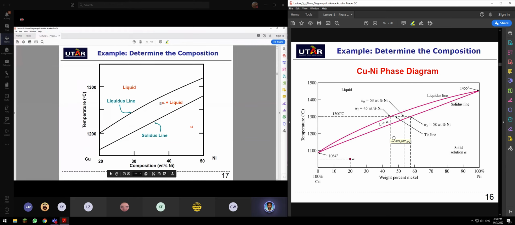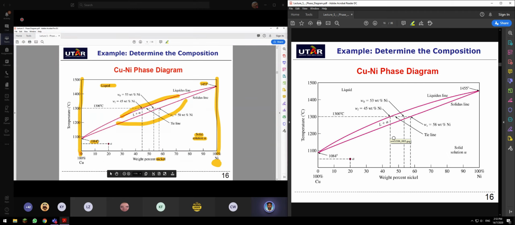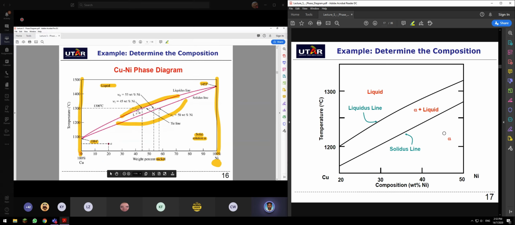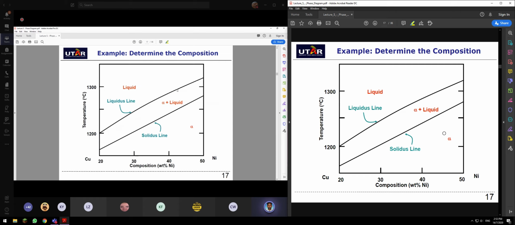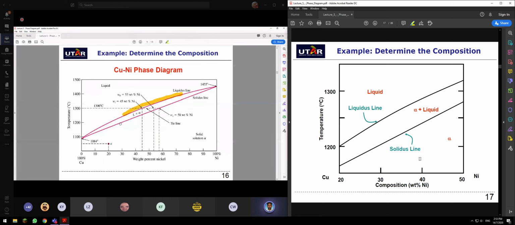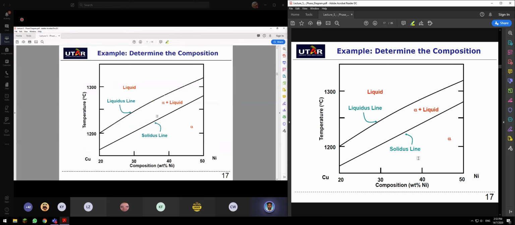Now here, to determine the composition, this is just a zoomed image of this. We have the liquidus line, which is here. We erase all, so this is the liquidus line, and this is the solidus line.